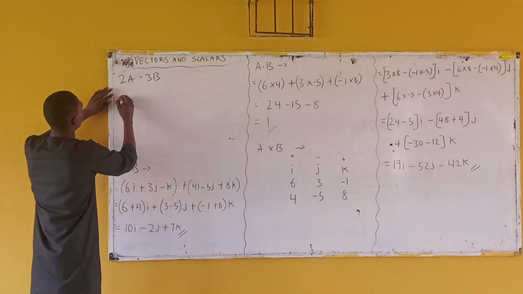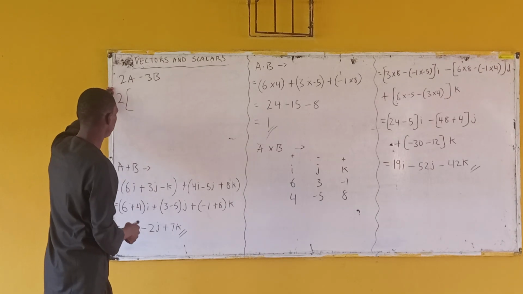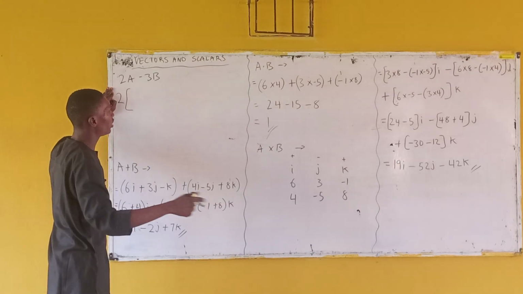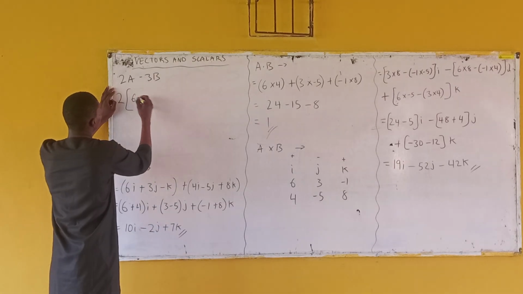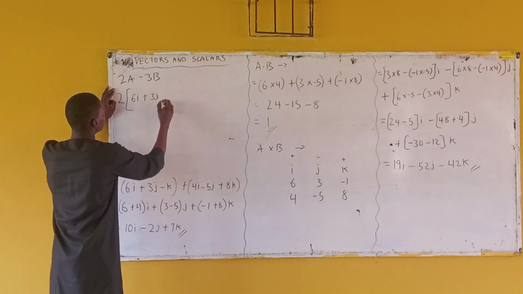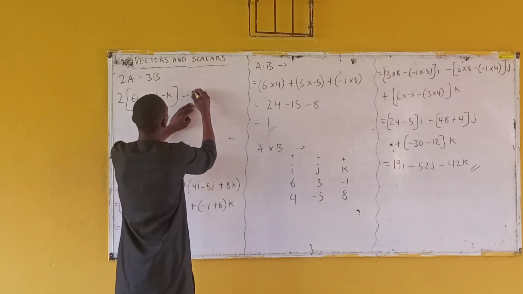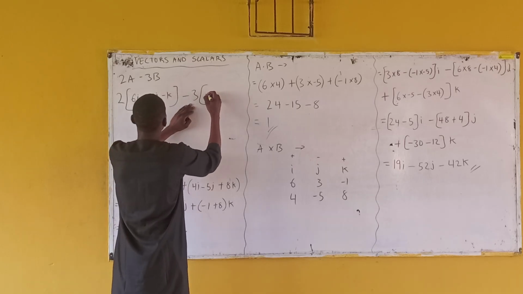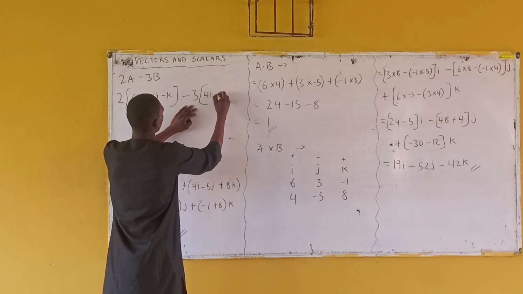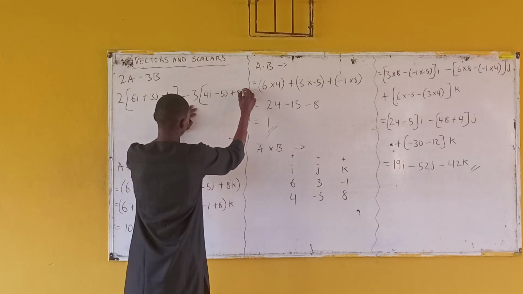Alright, so we have 2, then input your A. What do you have as A? 6i plus 3j minus k. So minus 3 open bracket 4i minus 5j plus 8k. What do we do next?